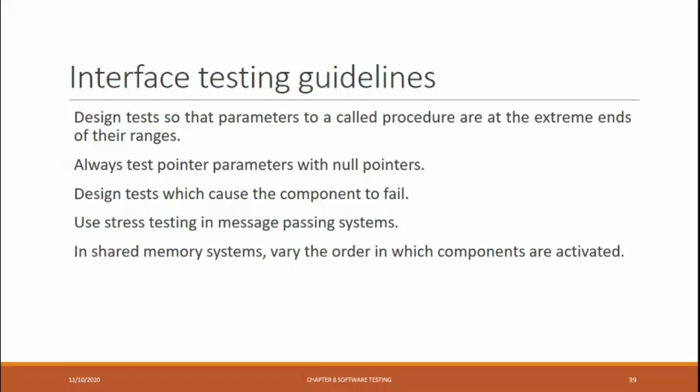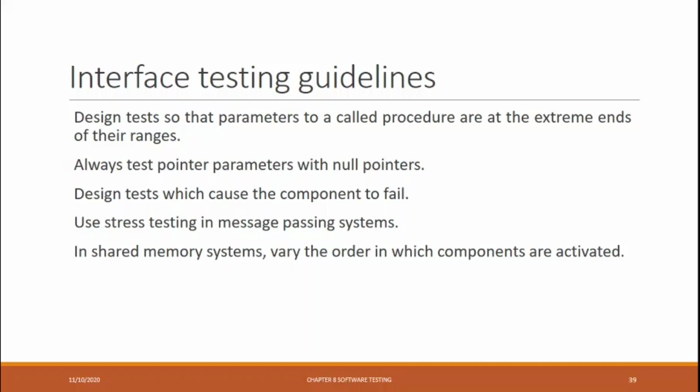They can ask in the examination: give general guidelines for interface testing. So, always design a test so that the parameters to the called procedure are at the extreme ends. Examine the code to be tested and explicitly list each call to an external component. Design a set of tests in which the values of the parameters to the external components are at the extreme ends of the ranges.